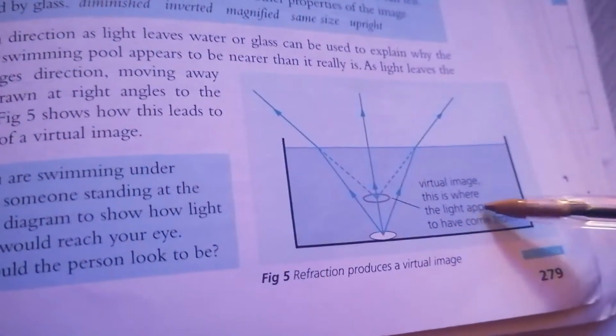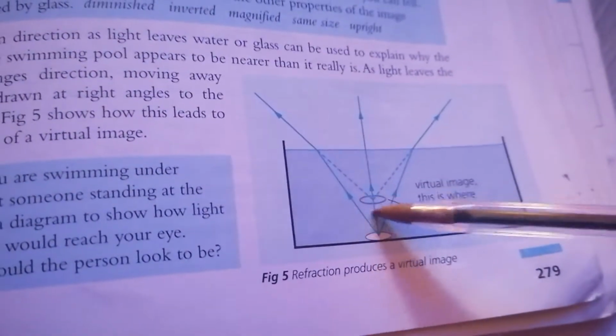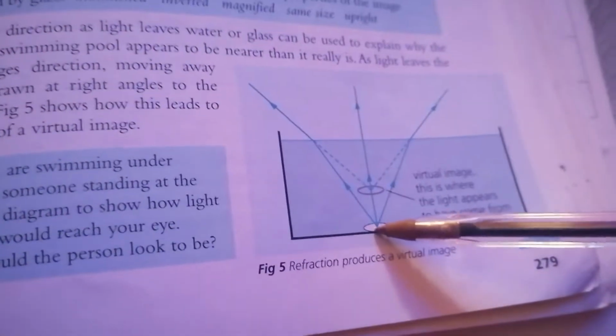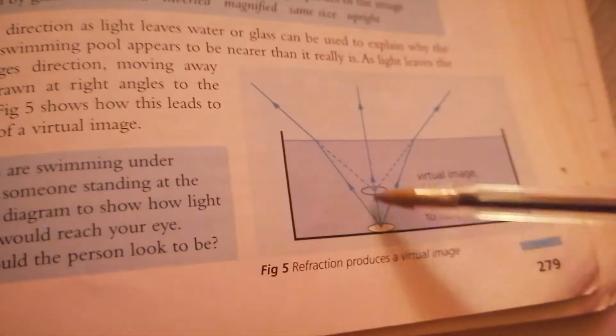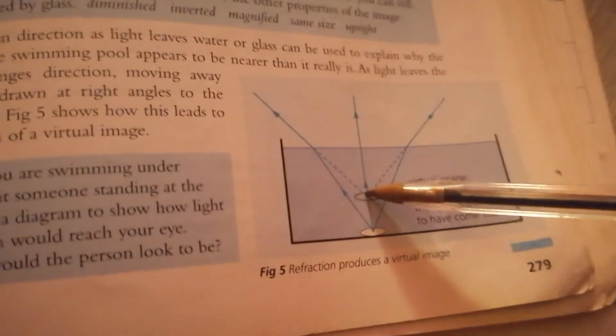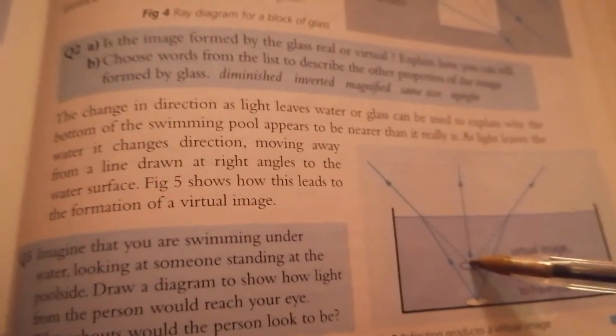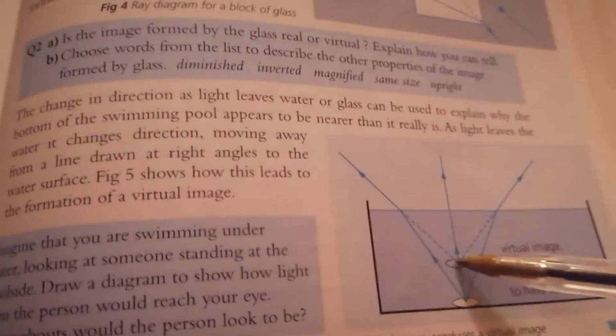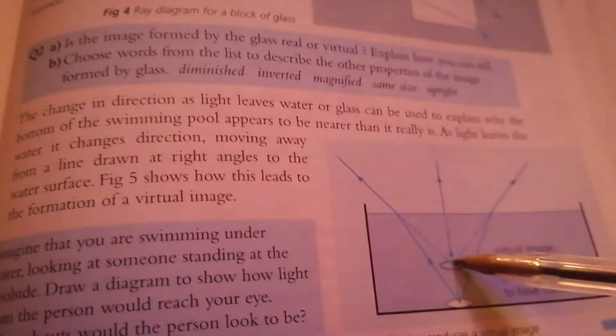Virtual image. This is where the light appears to have come from. So that's where the light appears to have come from, and this is where the light really came from. That's why it appears shallower to the observer, nearer than it really is. So they see the bottom of the pool here because the light's refracted.